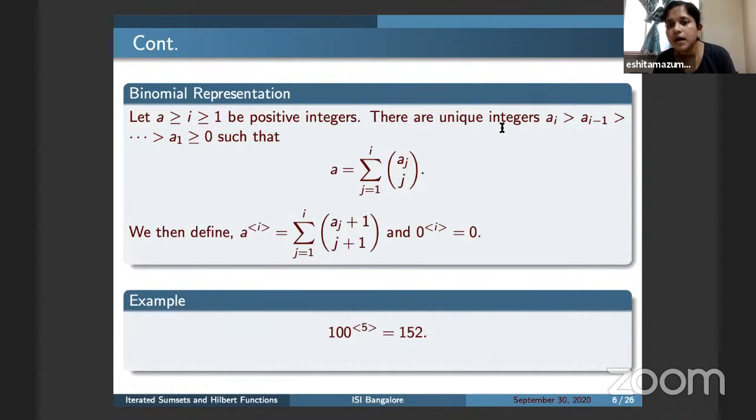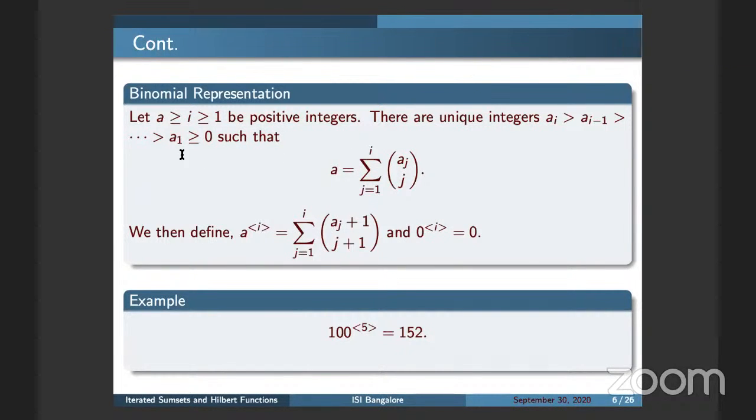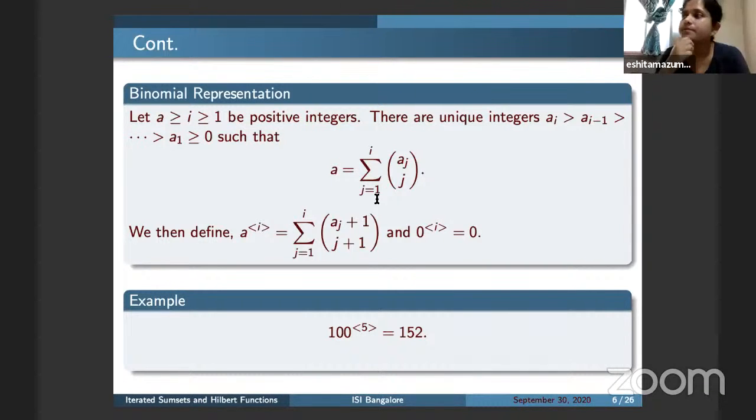So you are asking me what is the guarantee that these a_i exist, right? Actually, I'm asking how do we calculate these a_i. Suppose instead of 100, we take 1,000 here.